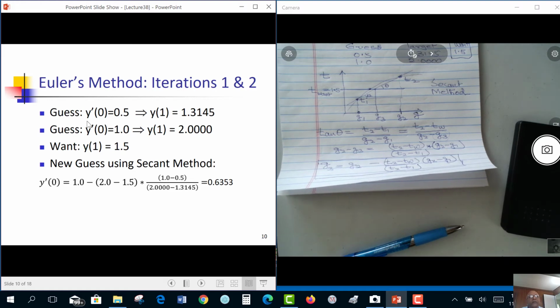All right. So I substituted this here. This is our G2. This is T2 minus T ideal over T2 minus T1 times G2 minus G1, and we get 0.6353.